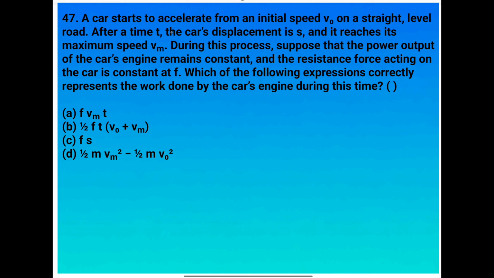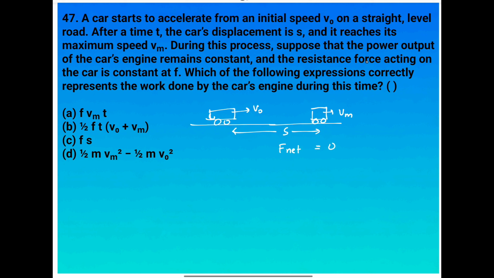So here when the car starts to accelerate from the initial velocity, suppose this is the car and it is moving with the initial velocity v naught. After time t, suppose its displacement is s and it reaches its maximum velocity. When the car is moving at the maximum velocity, that is vm, at that time the net force acting on the car will be zero.